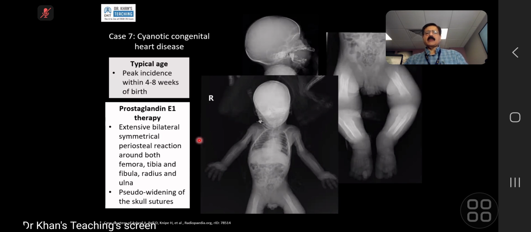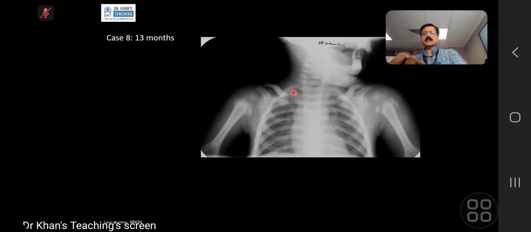Because of multiple reasons, there can be extensive periosteal reaction in these cases. If you see this case from Radiopaedia, it is bilateral and symmetrical in the tibia, fibula, femur, radius, ulna, and humerus. The humerus is less, but these are quite significant. Remember, there is nothing in the mandible. So this is prostaglandin E1 therapy.